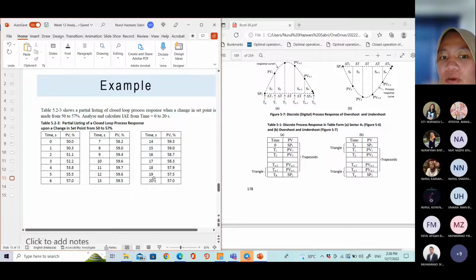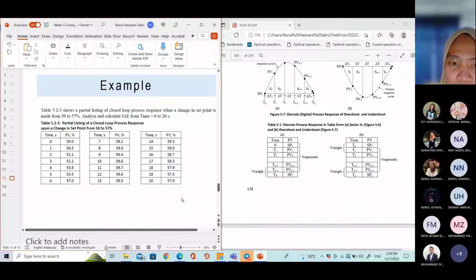Tn minus 1 is your 19 second. Your Tq is 20. Same goes to PV. So PV1 starts with 58.2. Your PVn minus 2, the same as the time, which is 18 for Tn minus 2, PVn minus 2 would be 57.9. Can you understand? Okay.